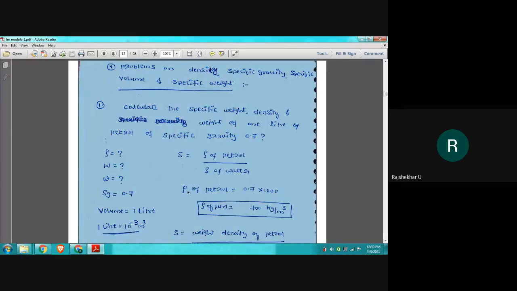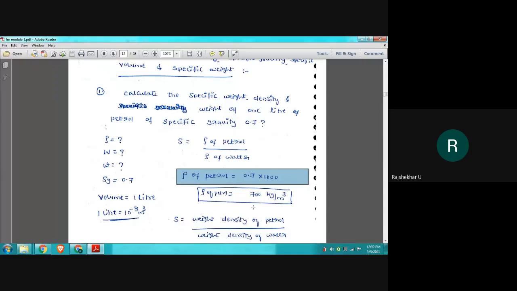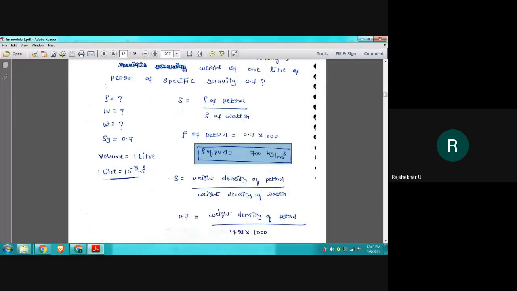It is already substituted here. Density of petrol is 0.7, which is the specific gravity value, into 1000. So 700 is the density of petrol.